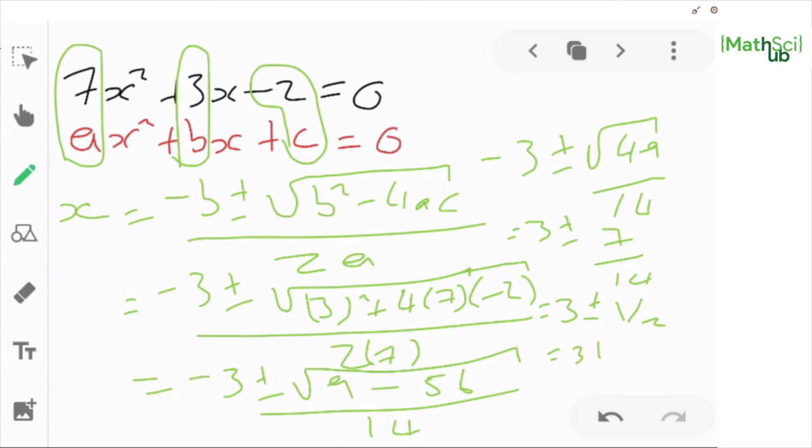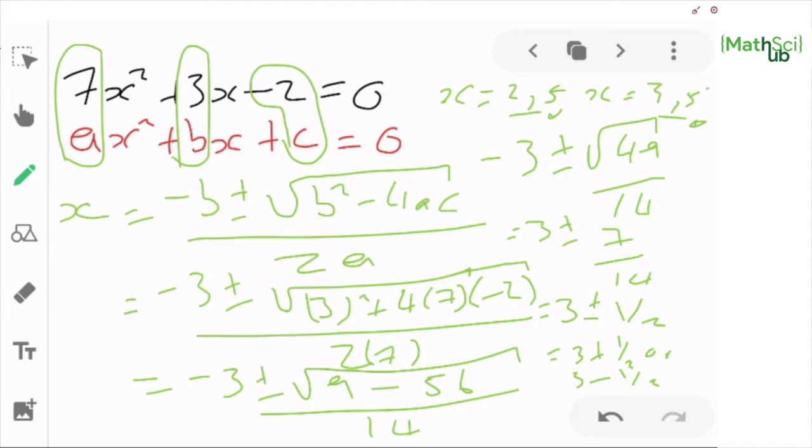So 3 plus a half, or 3 minus a half, meaning your x, let me just write this on top, meaning your x will be 3 minus a half is 2.5, and then 3 plus a half, your x again should be 3.5.